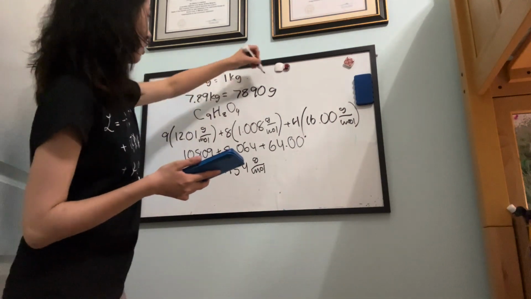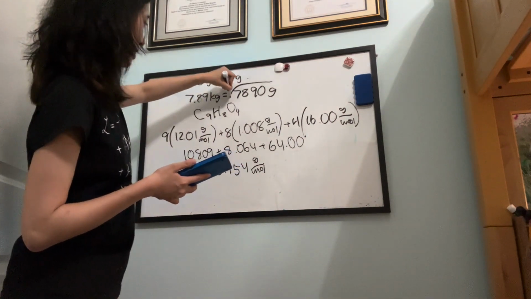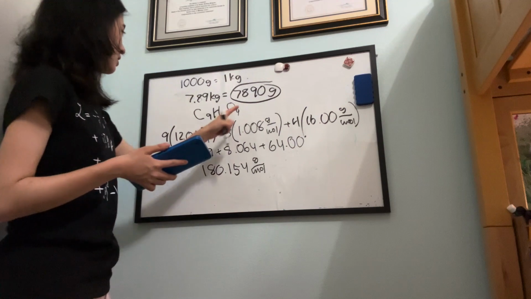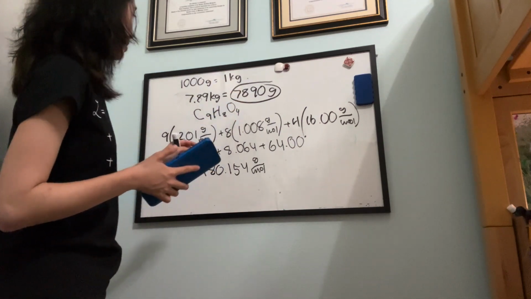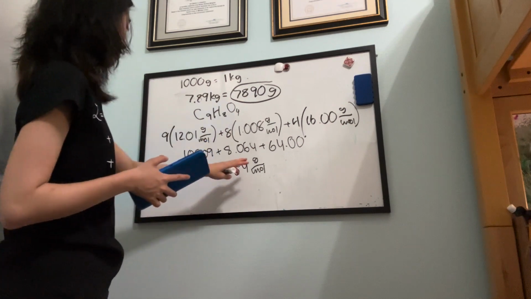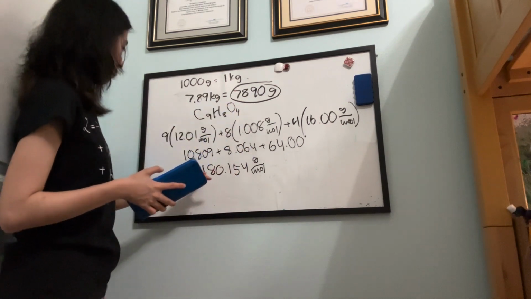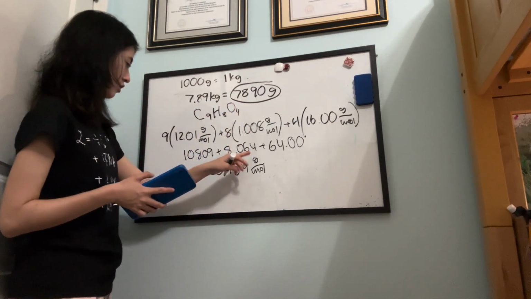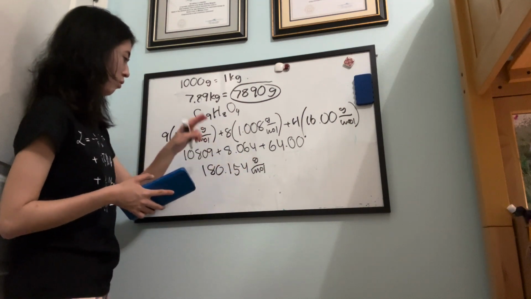And then we're trying to determine the moles in this much aspirin, right? So we can multiply these two, because this is 180.154 grams per mole, so that's per 1 mole.